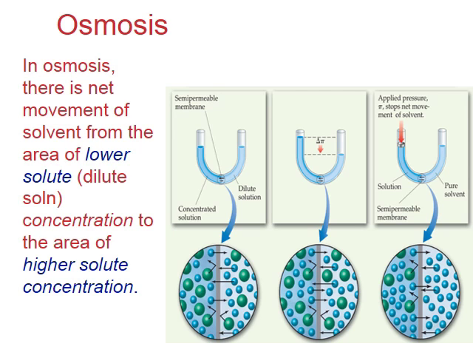Basically, to stop the flow of liquid, you have to exert pressure, which they're showing in the third figure. So applied pressure stops the net movement of the solvent. If you know which direction the solvent is coming from, then you can put pressure on the opposite side to stop it, and that's how you can find out the osmotic pressure.